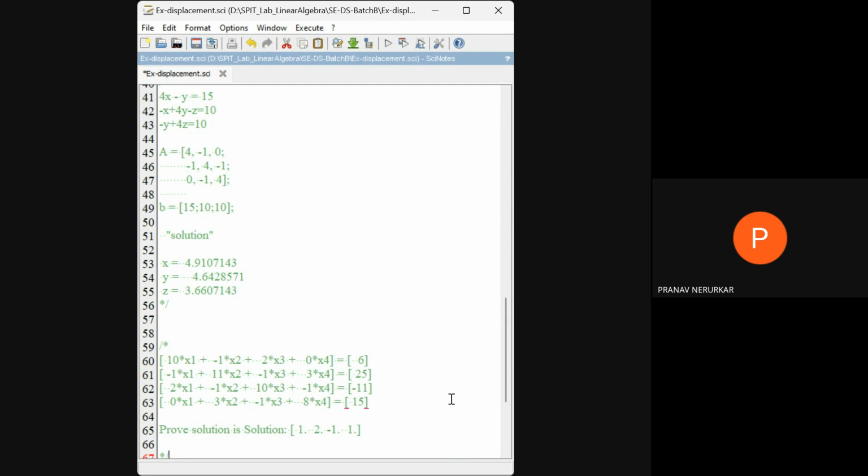So we have proved that the solution ensures that left hand side is equal to right hand side. That means solution is converging, and using the displacement method, we have obtained the correct solution.